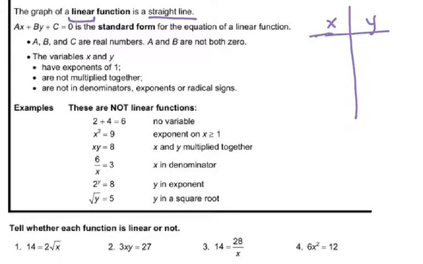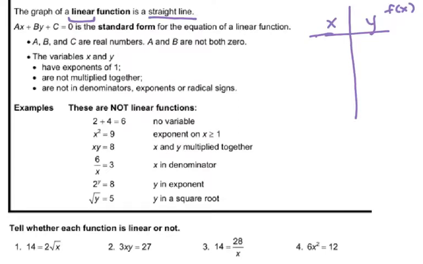So if you have the table, you have x and you have y, and y is also considered f of x, and you have, I don't know, 0, 1, 2, 3 for your domain, and your range, which are your y values, go from, I don't know, -1, 0, 1, 2. If you have one y value for each number, then it is a function.